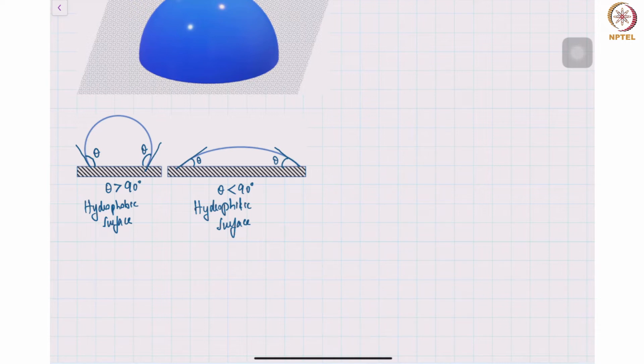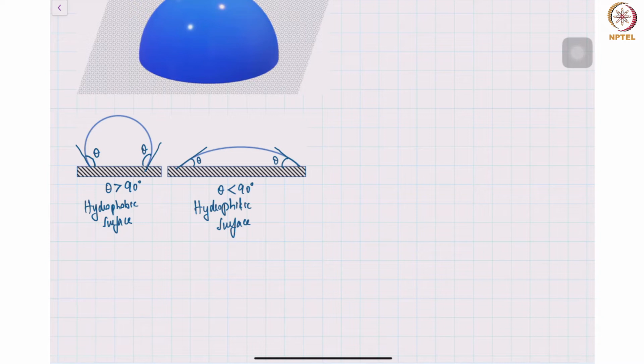Okay. So we saw that one of the things surface tension does, if it was in free air or where there is no solid surface, is try to minimize the surface area.